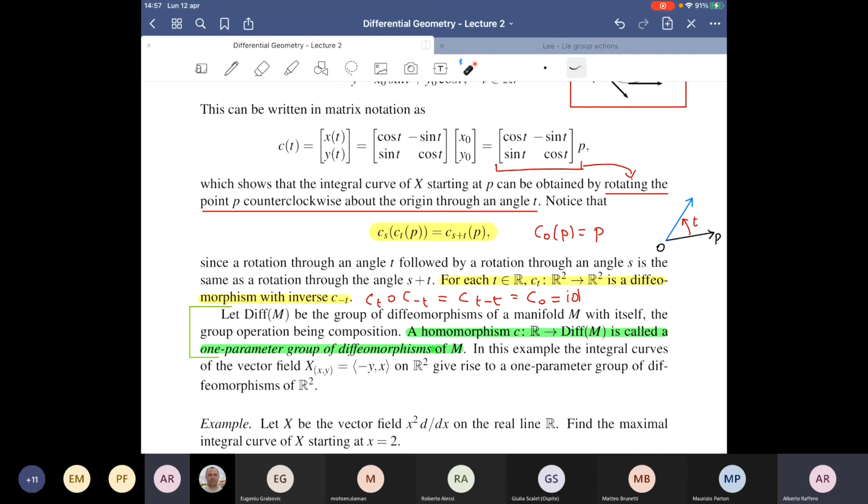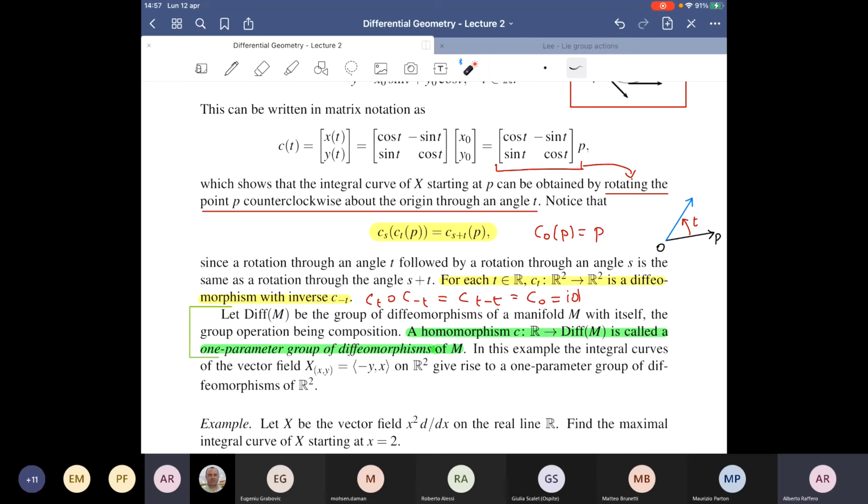And then what you get is that if you have a group homomorphism between the group R, considered as a group with respect to the addition of real numbers, and the group of the diffeomorphisms of the manifold, considered as a group with respect to the composition of smooth maps, then such a homomorphism is called a one-parameter group of diffeomorphisms of the manifold.